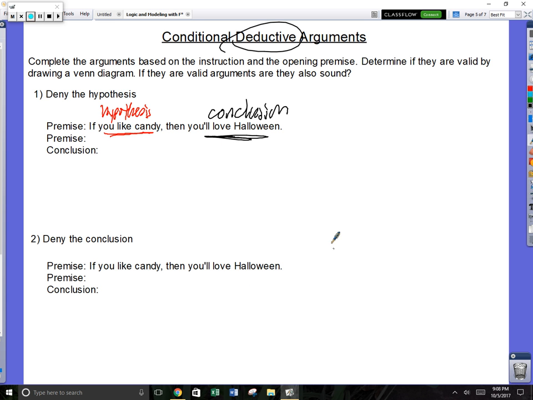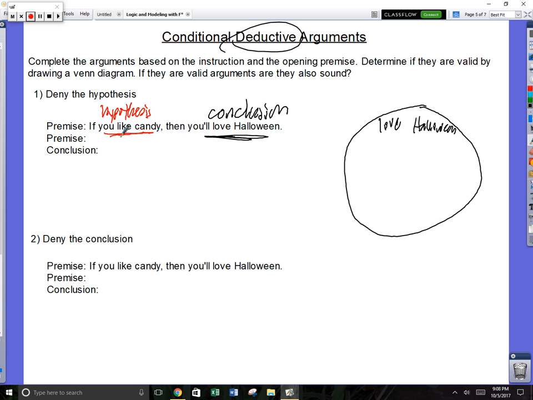So to draw a Venn diagram, the conclusion is going to be the larger set. So there is a set here: everyone who lives in this world loves Halloween. And your conclusion is always going to be the larger set.